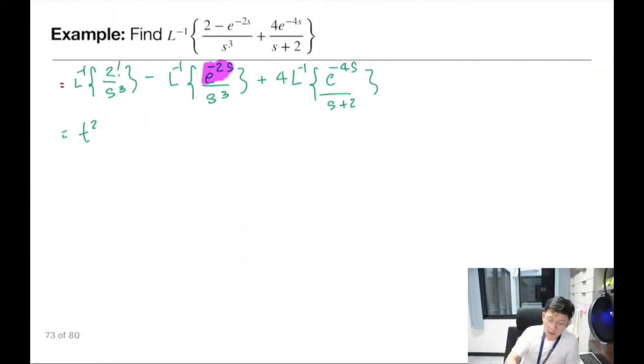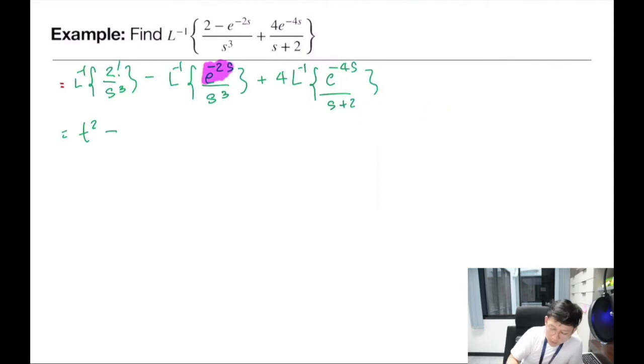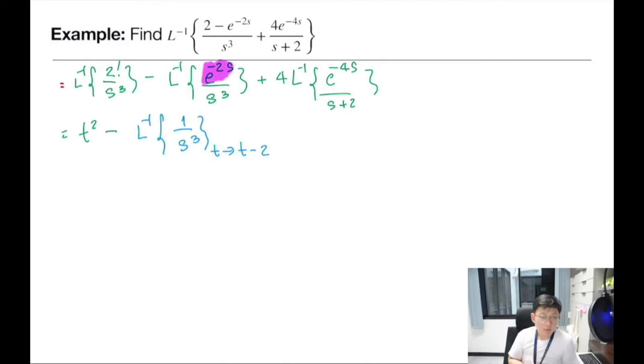So the way to do it is here, it would be minus, and then guys, here, we just need to look at the inverse Laplace transform of 1 over s to the 3, and then you need to shift from t to t minus a, which is minus 2. Guys, don't get confused with the minus and plus.